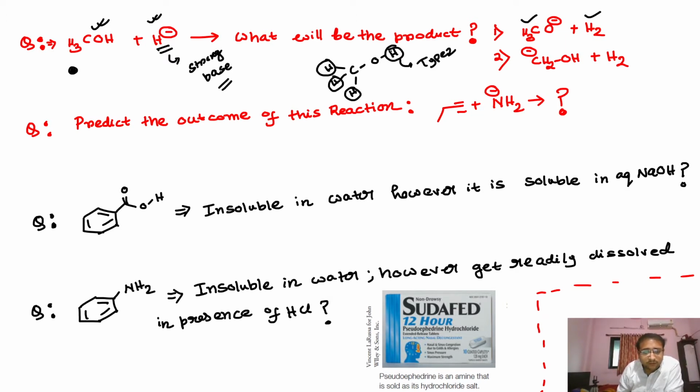This hydrogen is bonded to the oxygen atom, which is much more electronegative than carbon, so the oxygen-hydrogen bond will be much more polar. The oxygen, having higher electronegativity, will draw most of the electron cloud towards itself, so it will have a higher delta negative value, and this hydrogen will have a higher delta positive value. That's why this type 2 hydrogen will be much more acidic in nature.